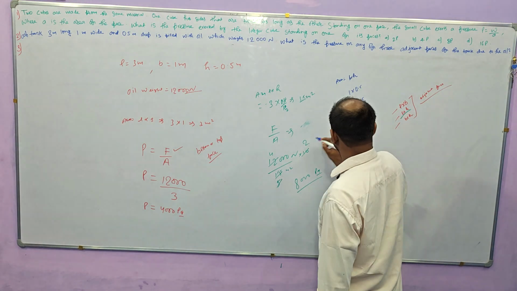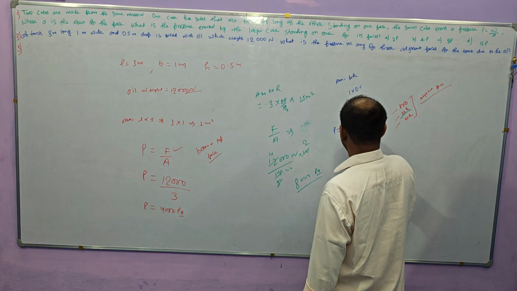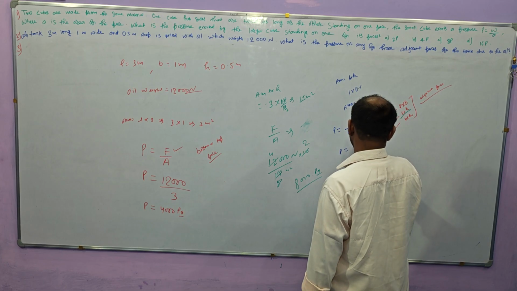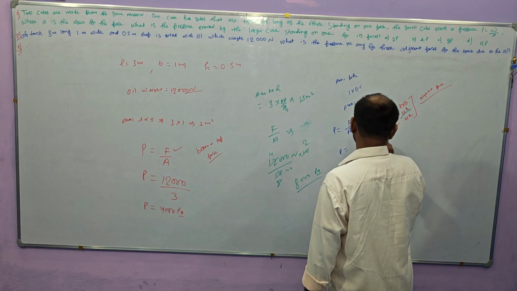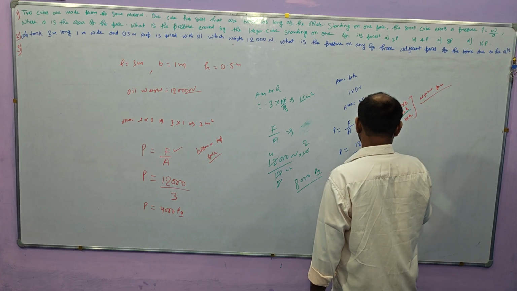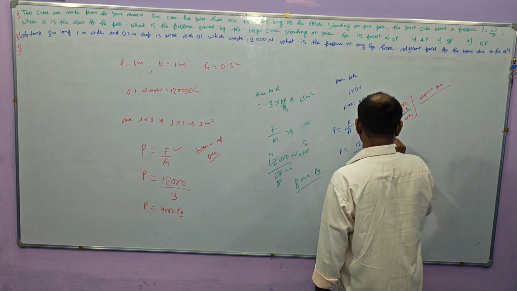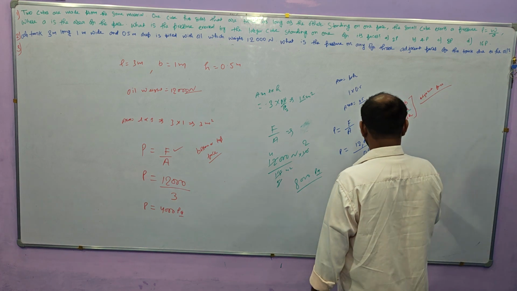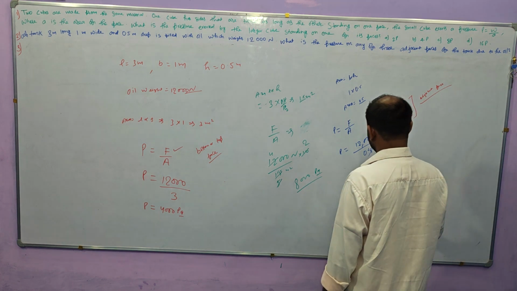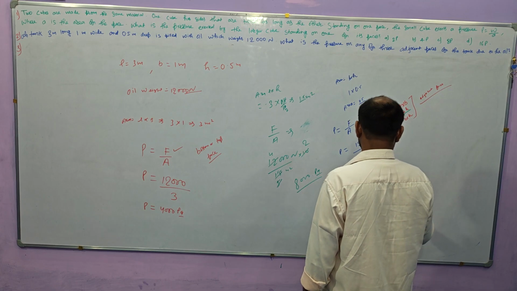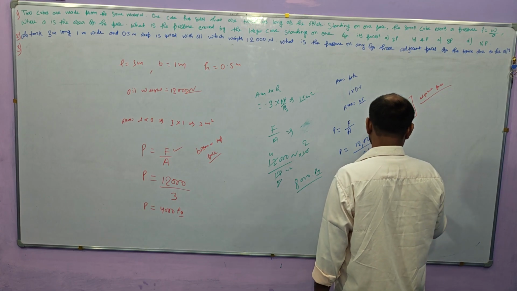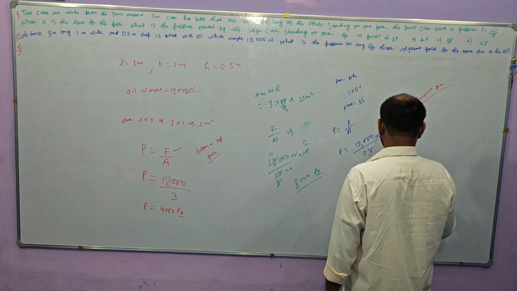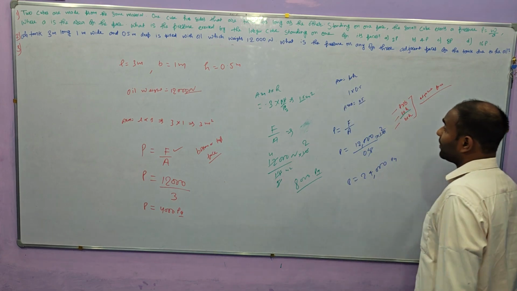P is equal to F upon A. Then P is equal to 12,000 Newton upon 0.5, and that is 24,000 Pascal.